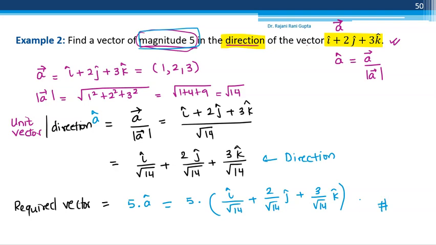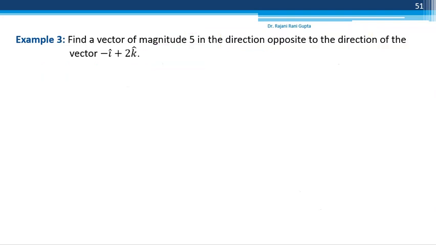Okay. Now, let's take one more example. Now, what they said again, find a vector of magnitude 5, okay, in the direction opposite to the direction of this vector.